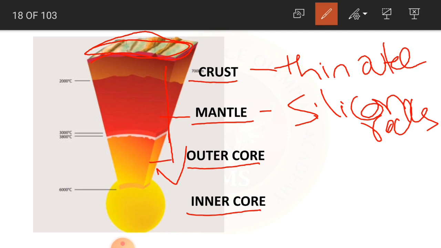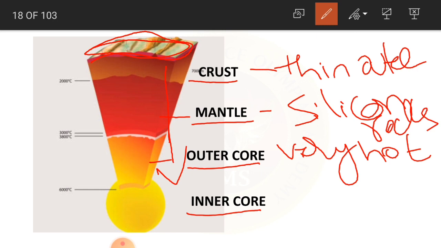And the third layer, what is it? It is the outer core, which is very hot. The speciality of this layer is that it protects us from the sun's harmful solar wind, which is caused by the sun.